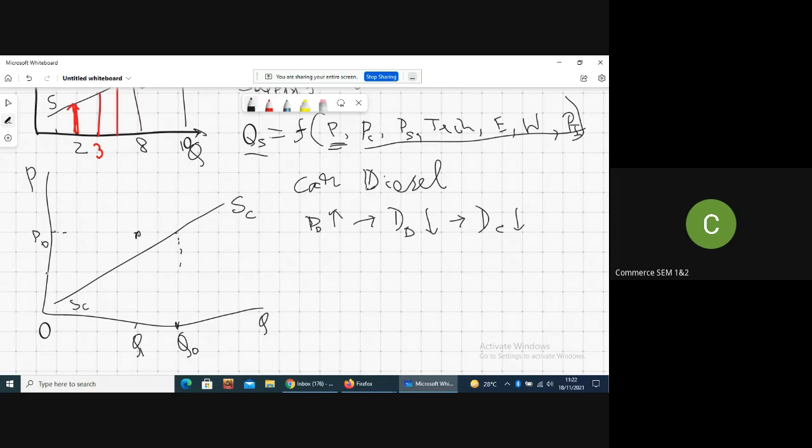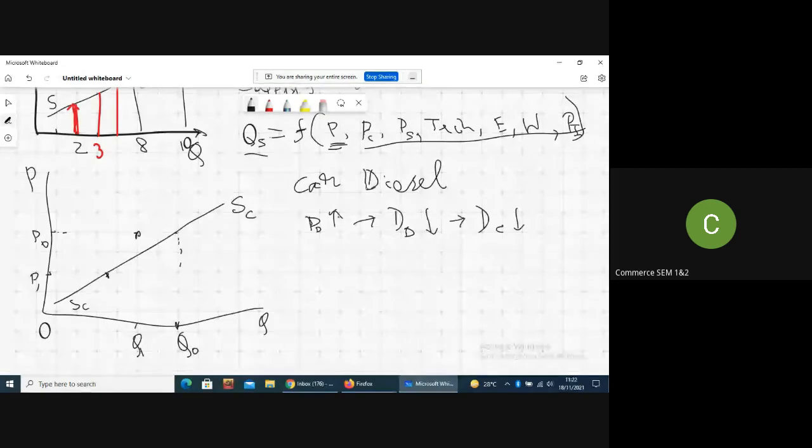So this point will be a point on the new supply curve. Now, similarly, you can take another price P1, and initially this is the amount of supply. For a price hike of diesel, say this is the new point on the supply curve, the new supply at price P1.